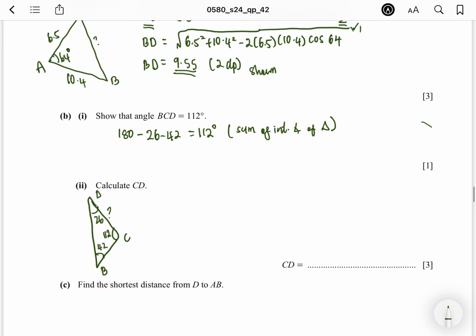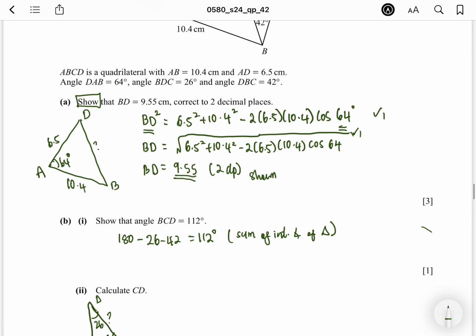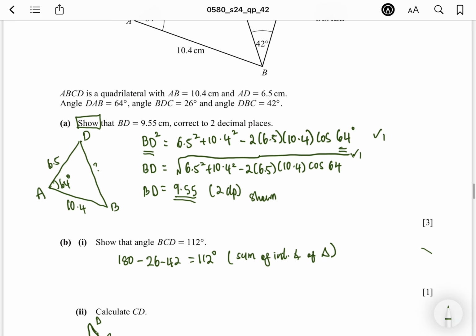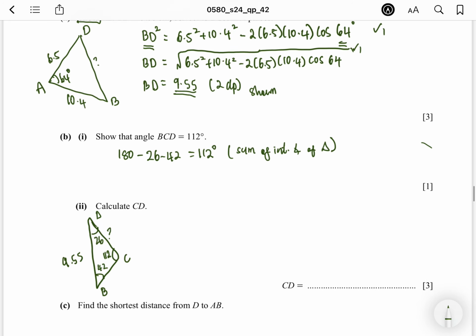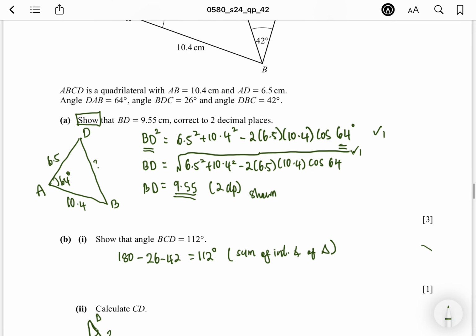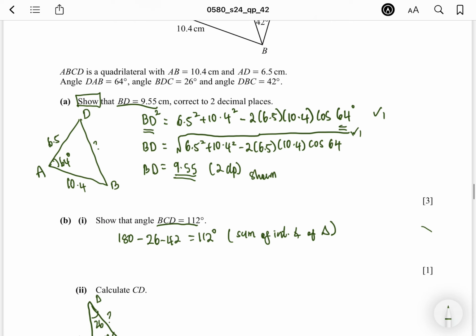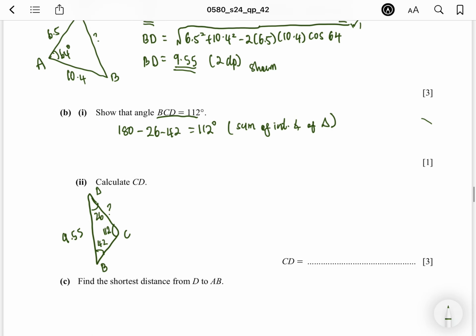This is the beauty of this one: if you do not know how to work out part A and have nothing working for A, can you still do part B question 2? Yes, because the value has been given. You might not get 3 marks, but you should, because the values are given. So you can use the existing values.